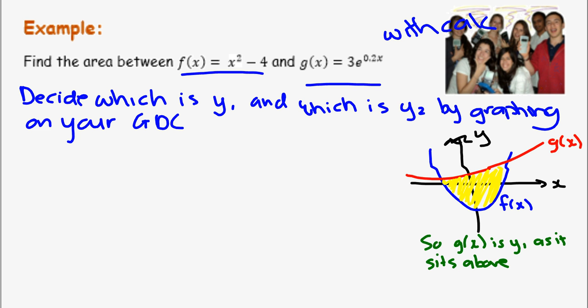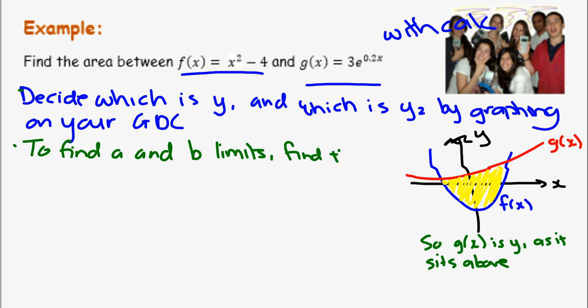So the area is the integral of y1 minus y2, but we need to work out what the boundaries a and b are. That's the first thing. So to find a and b, the limits, find the points of intersection.